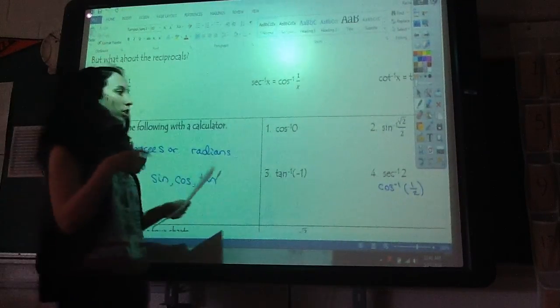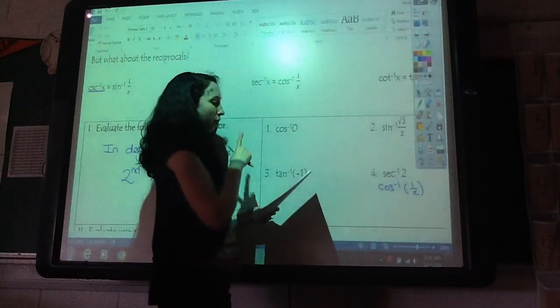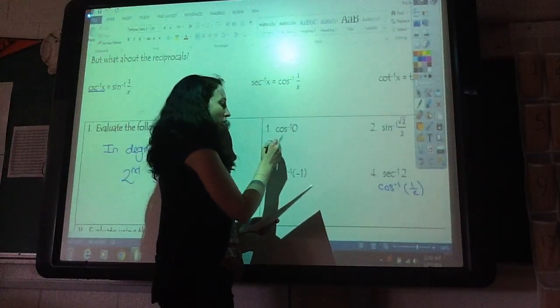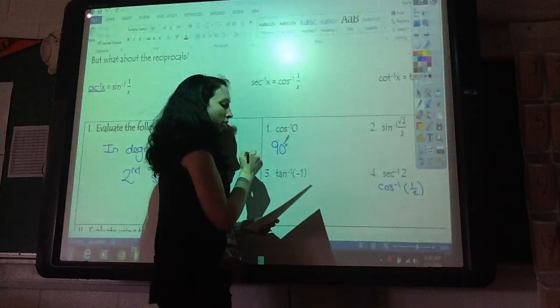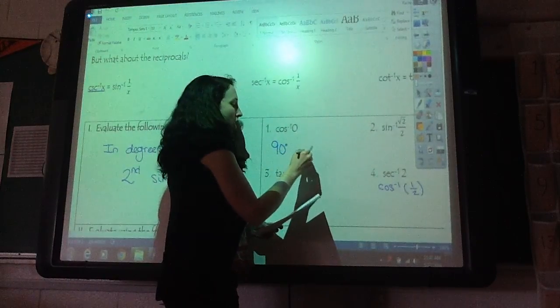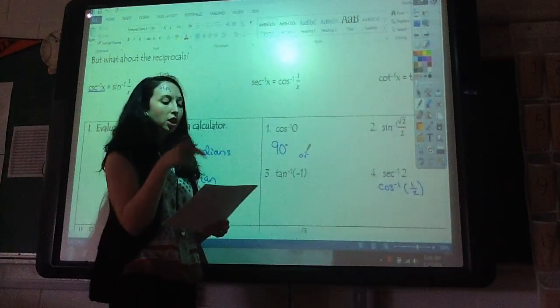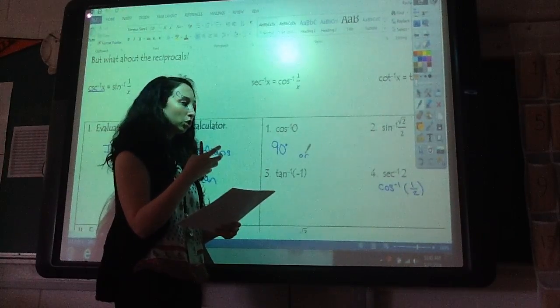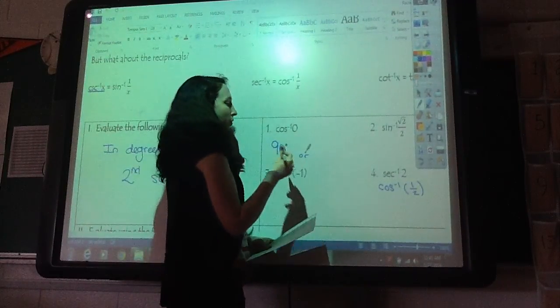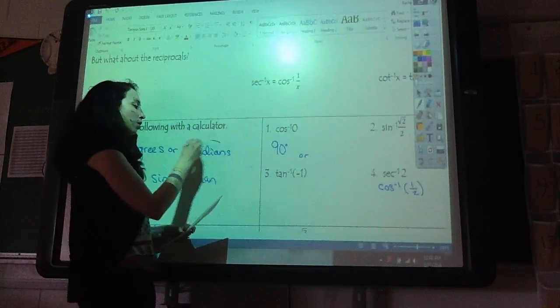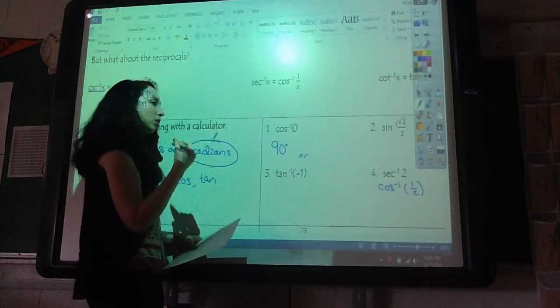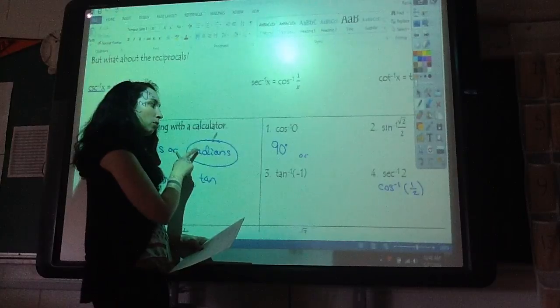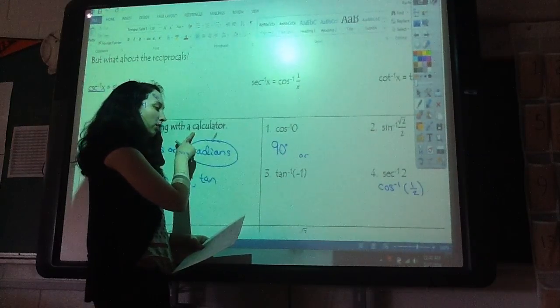Alright, now that you've paused the video and you've done those, if you plugged this into the calculator in degree mode, you got 90 degrees. If you plugged it in the other way, you got a decimal. That decimal should come out to be pi over 2. I will accept decimals only on problems where I say use the calculator.